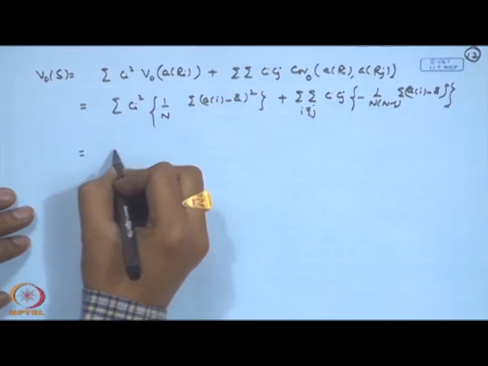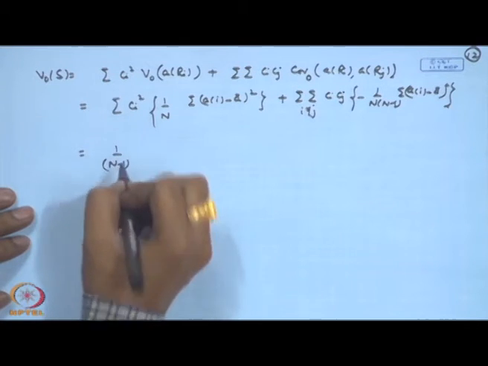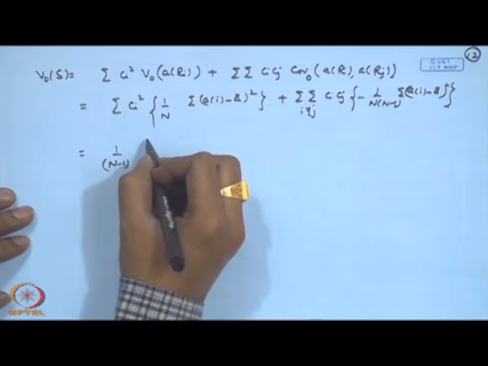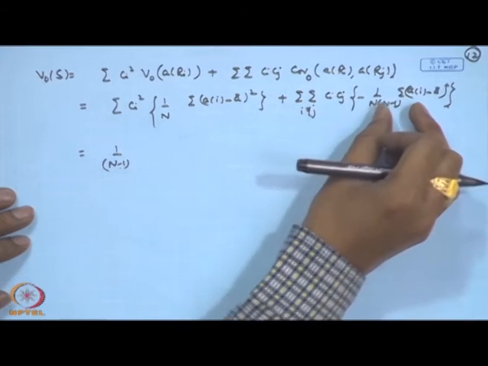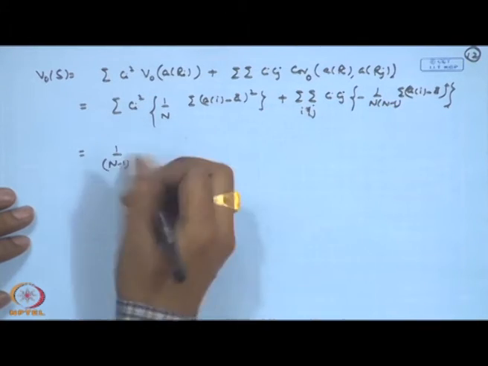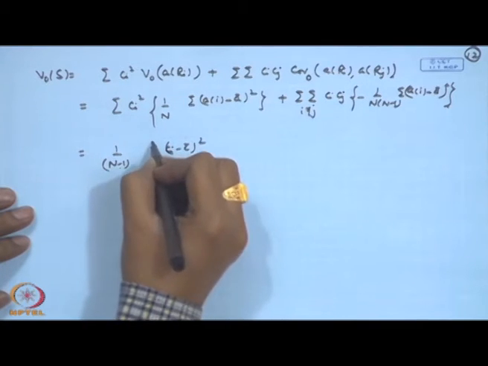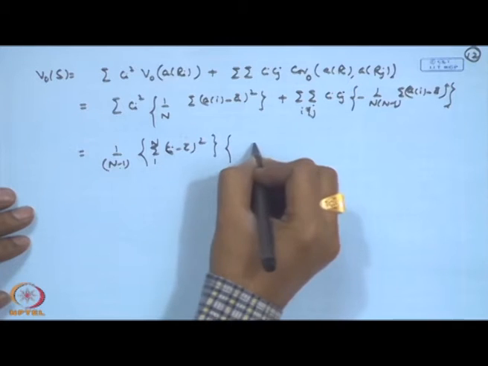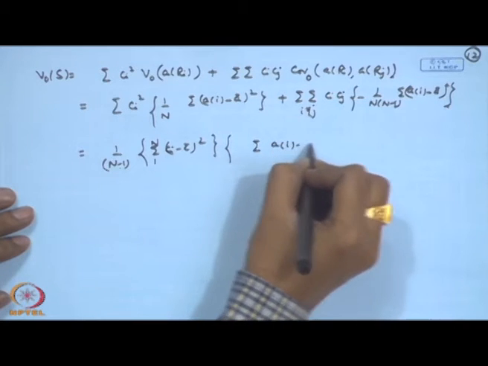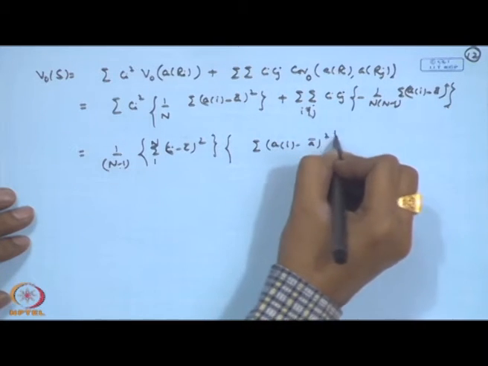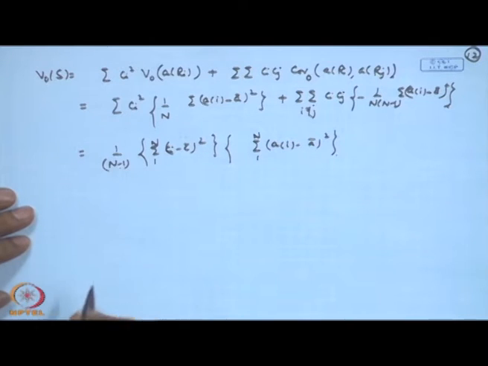So, this is becoming 1 by (n minus 1). See, this term I can take outside. So, this will become simply sigma of (C_i minus C bar) square, 1 to n, into sigma of (A_i minus A bar) square, 1 to n.